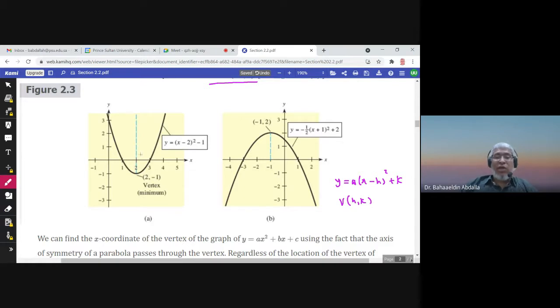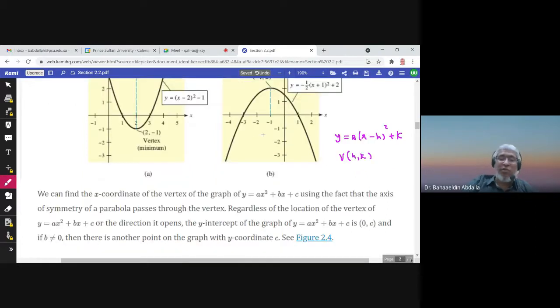And the equation of the axis of symmetry would always be x equals h. Okay, here it's x equals 2, here it's x equals negative 1. This is the equation of the axis of symmetry. Notice that here a is positive, it opens upwards. Here a is negative, the parabola opens downwards.